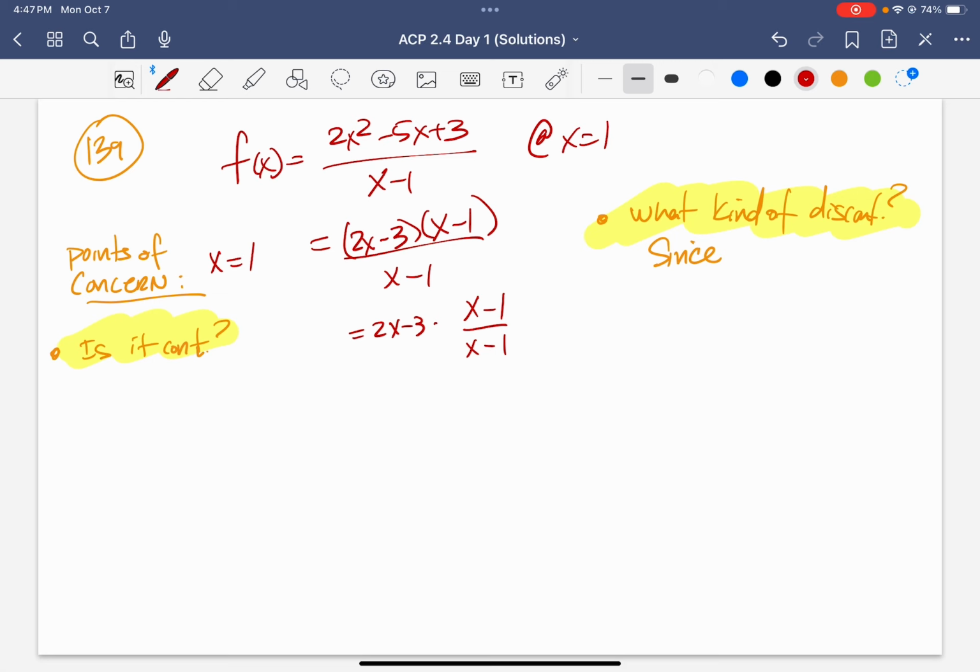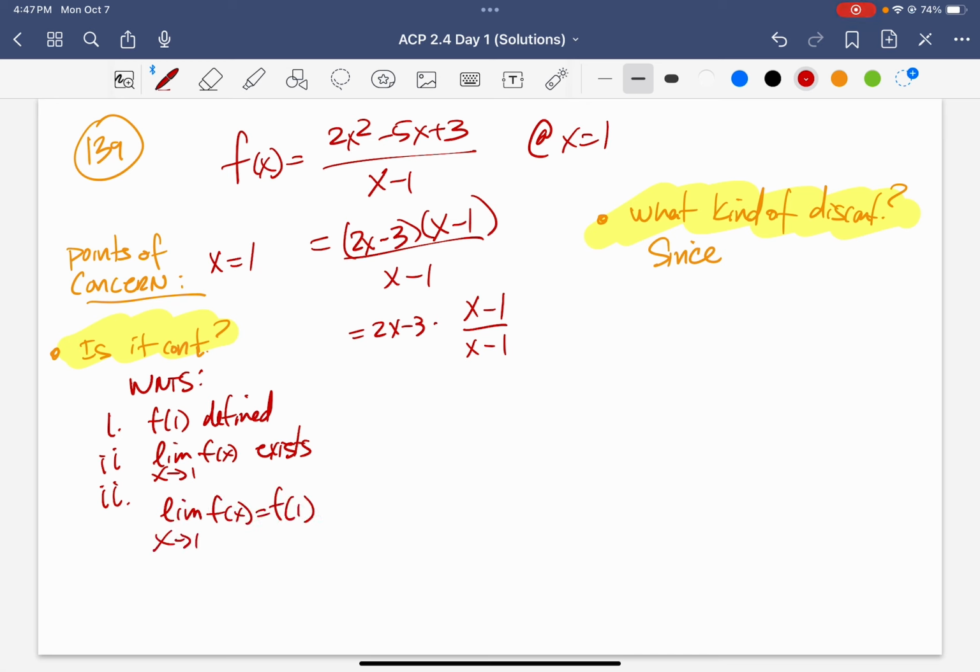Well, I would have to show that f of 1 is defined, the limit as x goes to 1 of f of x exists, and that the limit as x goes to 1 is equal to f of 1. But it turns out that it fails the first one, because when I check, f of 1 just ends up giving you 0 over 0, which is undefined, right?